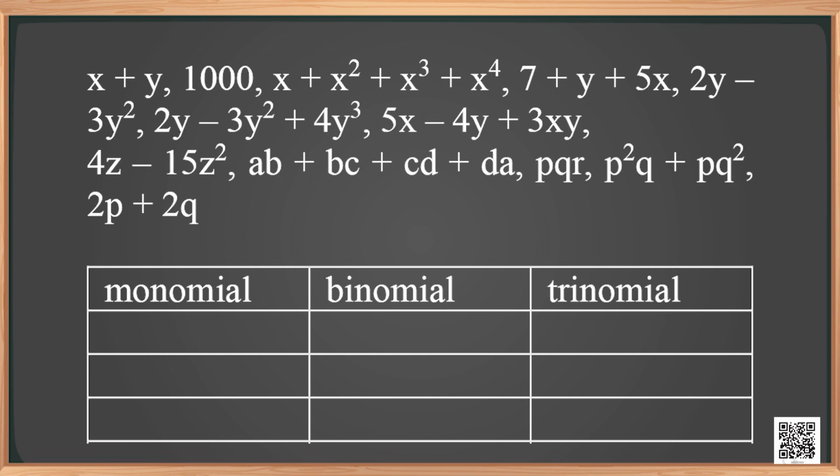These are the polynomials: x plus y, 1000, x plus x square plus x cube plus x power 4, 7 plus y plus 5x, 2y minus 3y square, 2y minus 3y square plus 4y cube, 5x minus 4y plus 3xy, 4z minus 15z square, AB plus BC plus CD plus DA, PQR, P square Q plus PQ square, 2P plus 2Q.